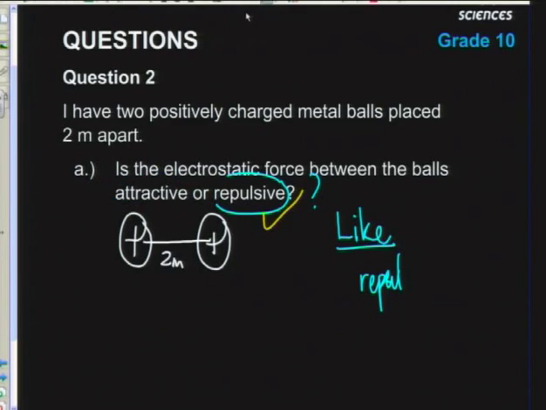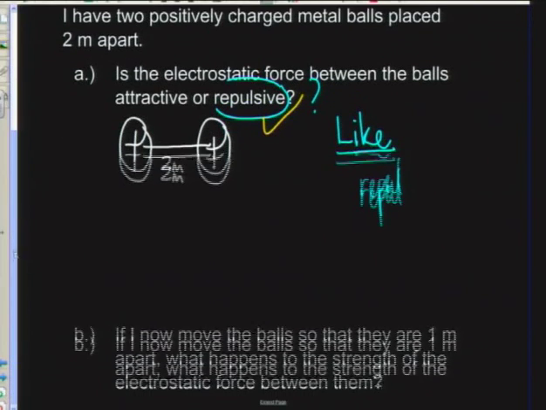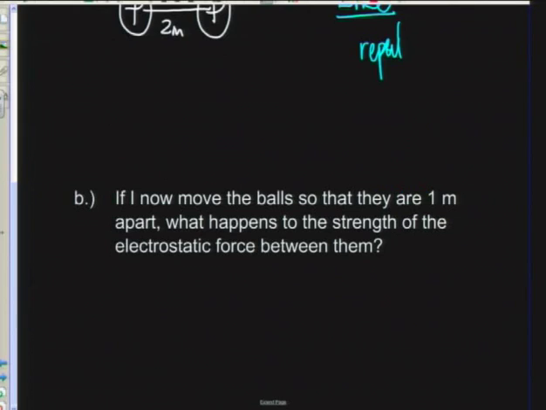So my answer has to be that it will be a repulsive force, not an attractive force, and that will be my answer. The next part, because this has got 2 parts, if I now move the balls so that they are 1 meter apart, that little 1 meter is important. That is now the distance. So I'm just going to redraw this picture, and instead of 2 meters, this distance is now only 1 meter. What happens to the strength of the electrostatic force between them?